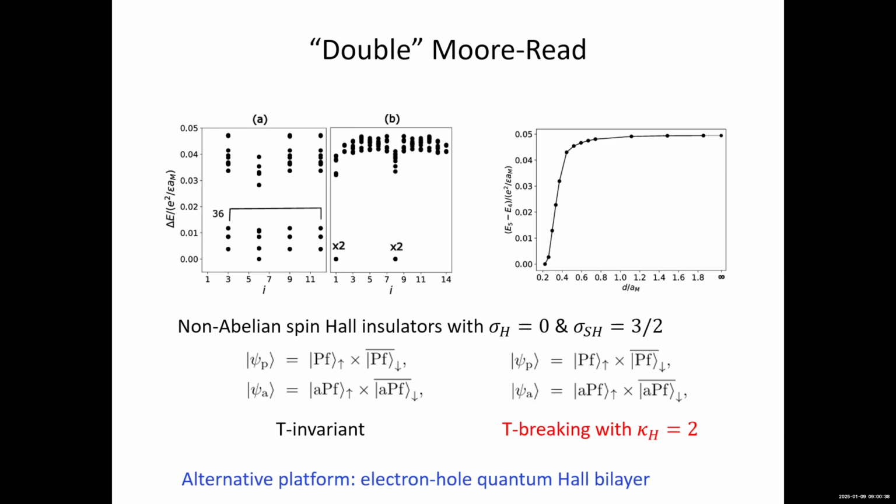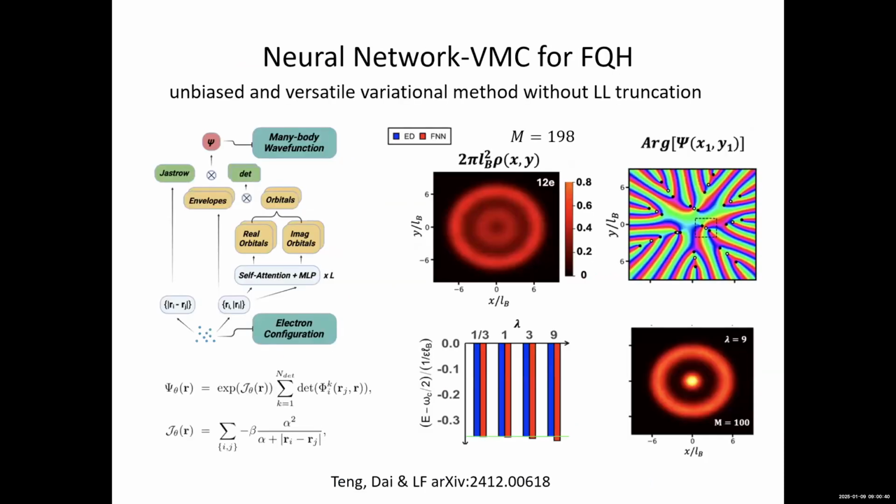And okay, yeah. So in the last 1 minute, let me just briefly advertise. Since this workshop is about machine learning, recently with Tony Deng, we performed a neural network study of the fractional quantum Hall effect in the disk geometry. We found that this neural network directly solved the many-electron Schrodinger equation without any Landau level truncation.